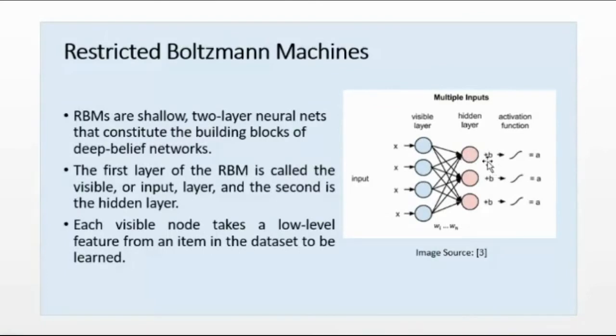Then we add the bias vector b. Then it is passed through an activation function. The activation function may be anything; for the time being, you may assume the sigmoid function. This activation function converts the probability value to a binary value.